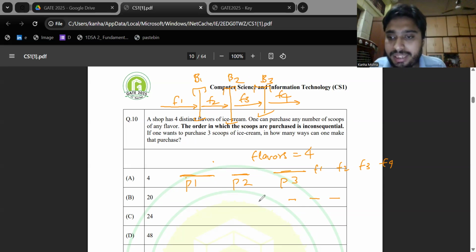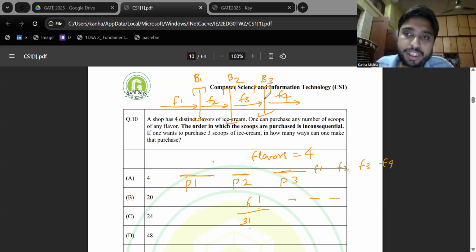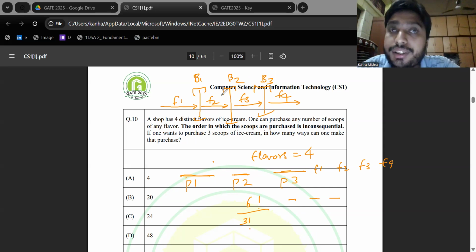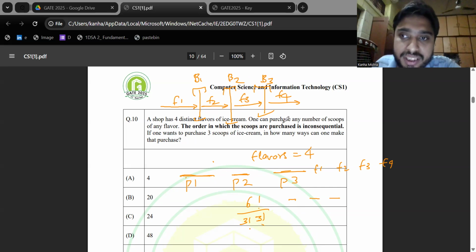The permutation part will be 6 factorial upon (6 minus 3) factorial, which is 3 factorial, if I have to arrange these in 6 places. But I don't want any duplicacy, so I will again divide by 3 factorial, for those 3 characters which are duplicates if I consider them the same.